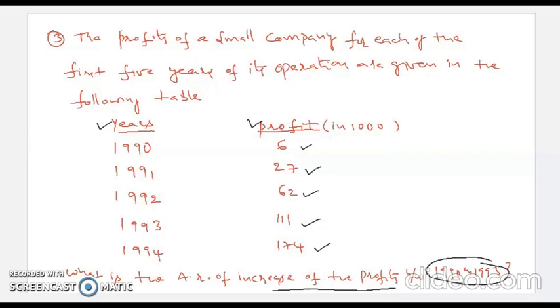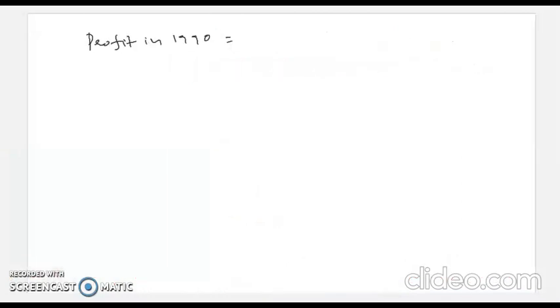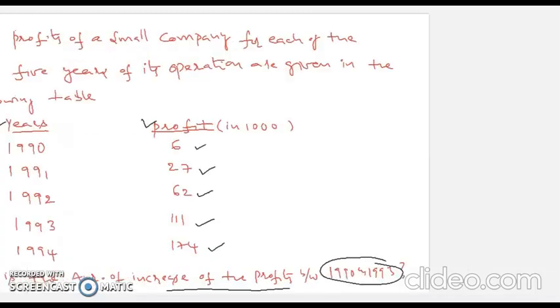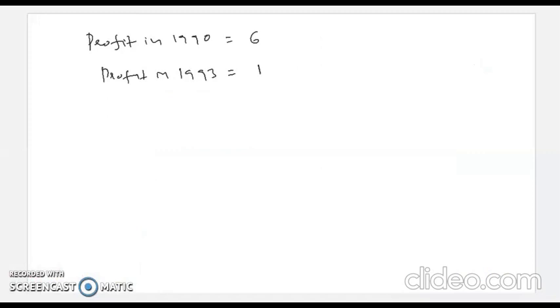So observe carefully. What is the profit of 1990? The profit in 1990 is 6. What is the profit in the year 1993? It is 111,000.